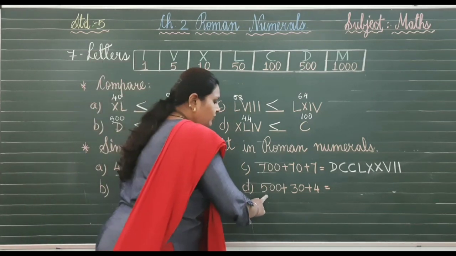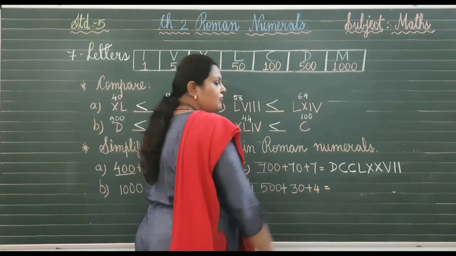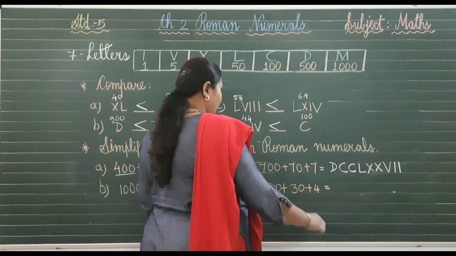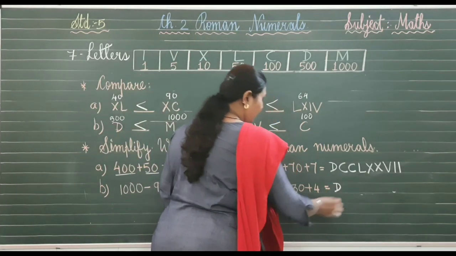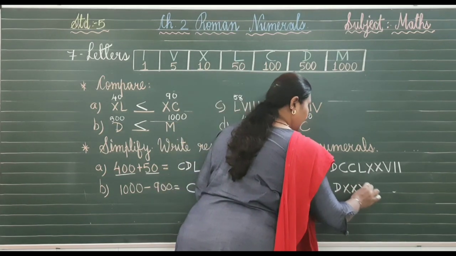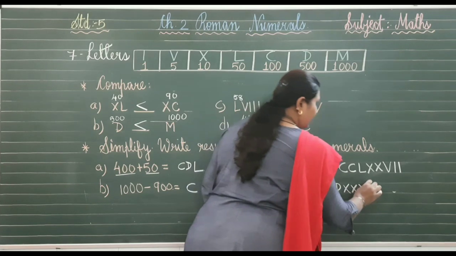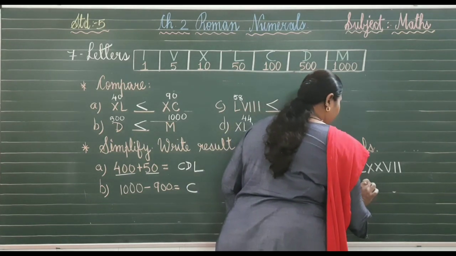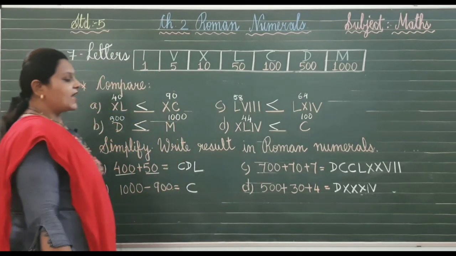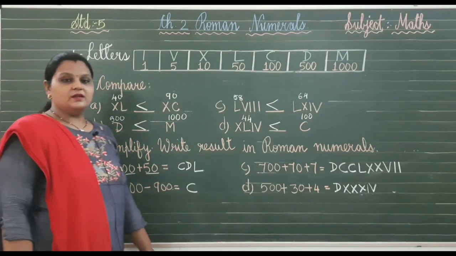Next 500 plus 30 plus 4, that is 534. 500 means D. Now 30. Triple X and 4, IV. So D XXXIV.